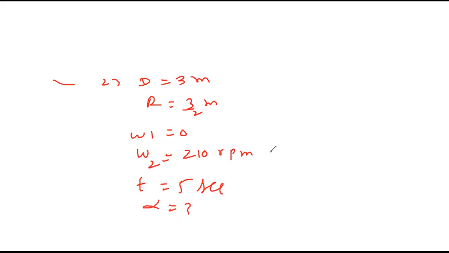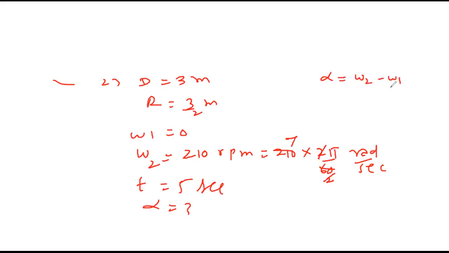Now 210 revolution per minute you convert by multiplying with 2 pi by 60 in radian per second. Correct? Yes, sir. So 30 into 2, 30 into 7, 2 cancel. Now alpha is omega 2 minus omega 1 upon t, that is 7 pi minus 0 upon 5.